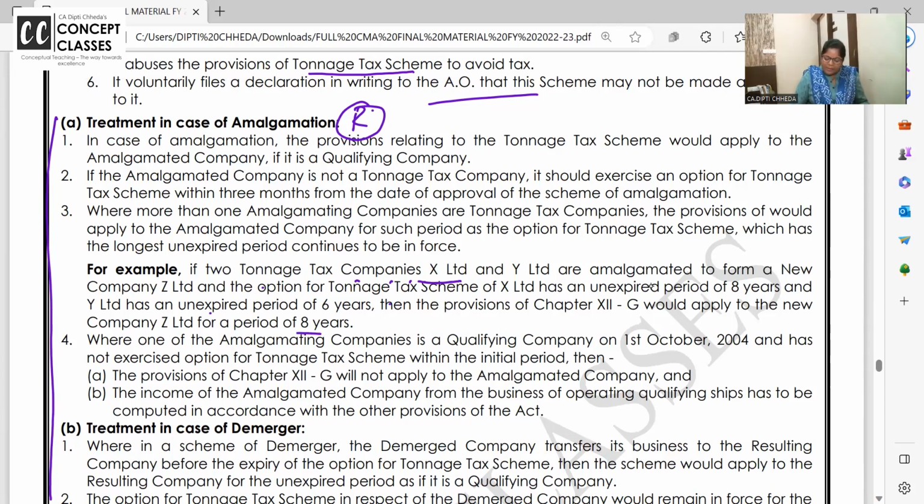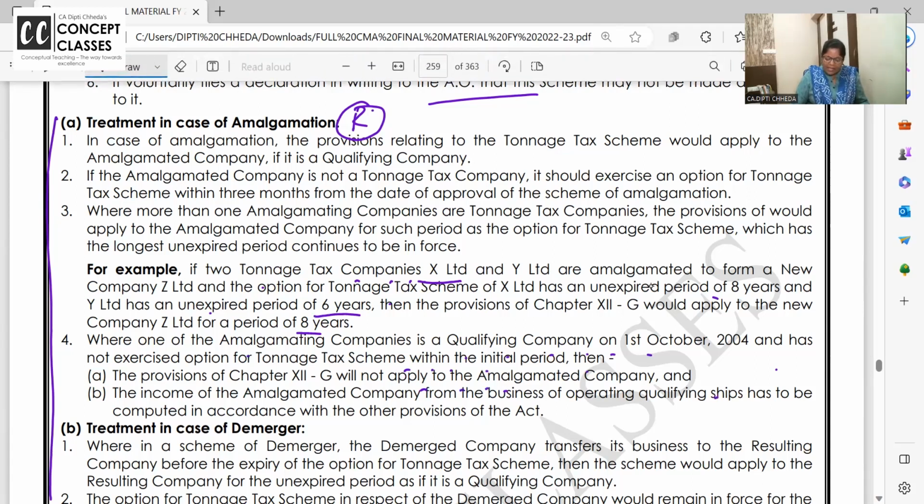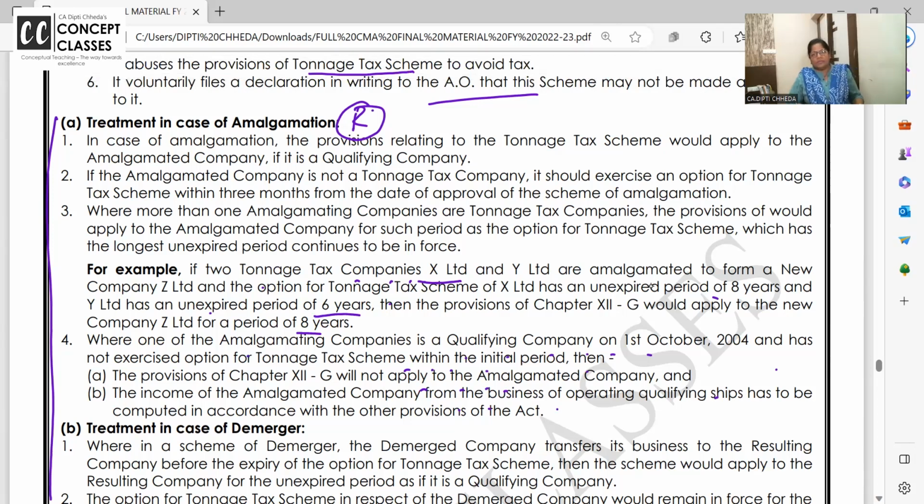When one of the amalgamated companies is a qualifying company and has not exercised the option for the tonnage tax scheme, then the provisions of this will not apply, and income of the amalgamated company has to be computed in routine. See, when two companies are merging and if both are in the tonnage tax scheme, तो जितने balance years बाकी हैं highest of the two, उतने के लिए they can go. That's the simple logic.